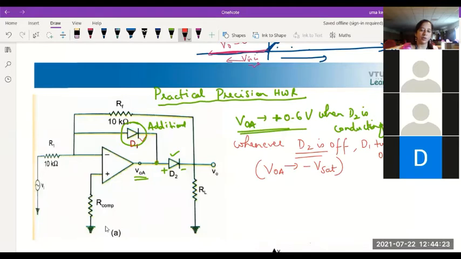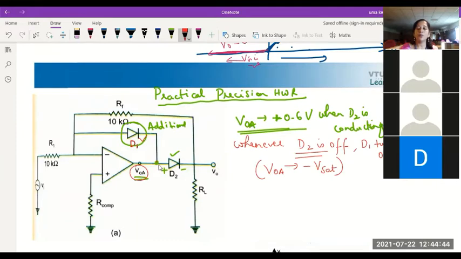And when will VOA go towards minus VSAT? Whenever the input is given here. In this case, we have changed the position; the input is also given to the inverting terminal. So you will see it is a little more interesting how the waveform will change. For now, I will talk in terms of just VOA.